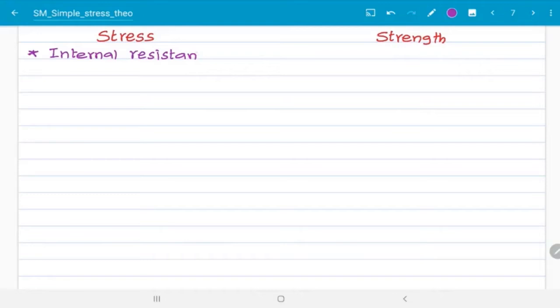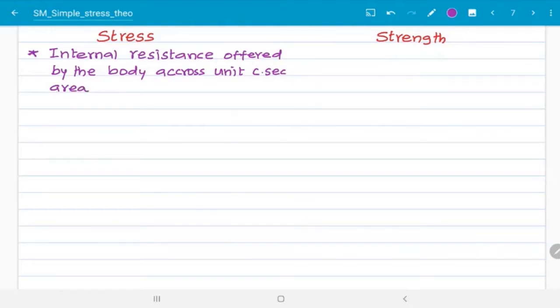Don't say P by A. Internal resistance offered by the body across unit cross section area.